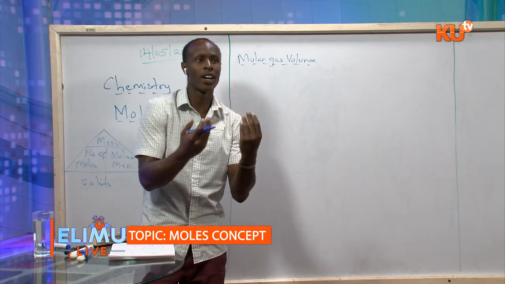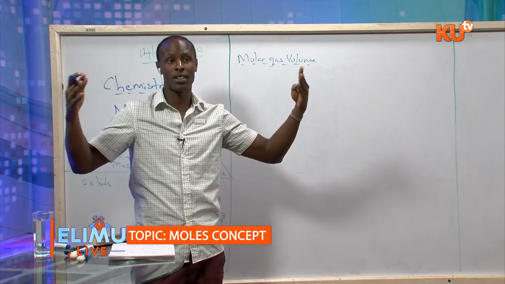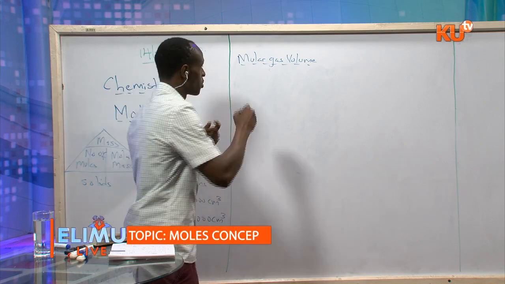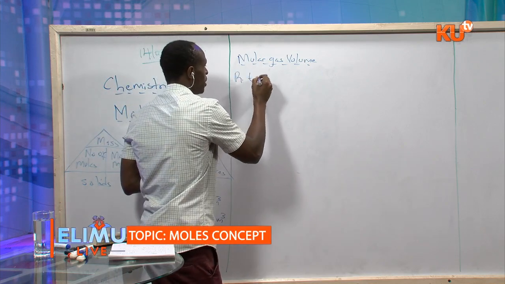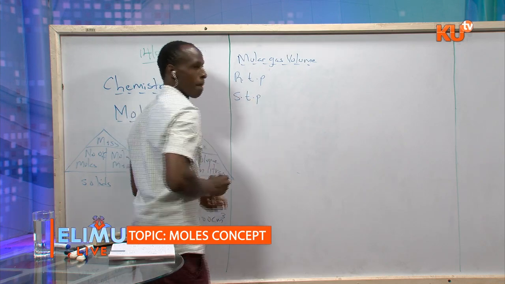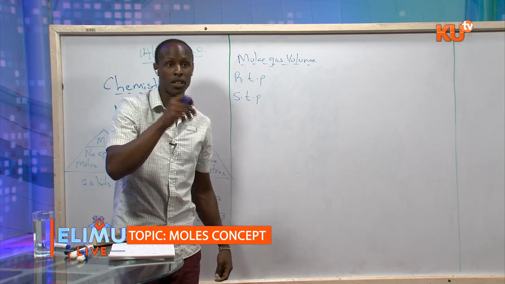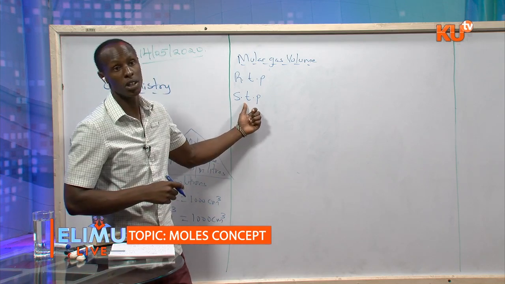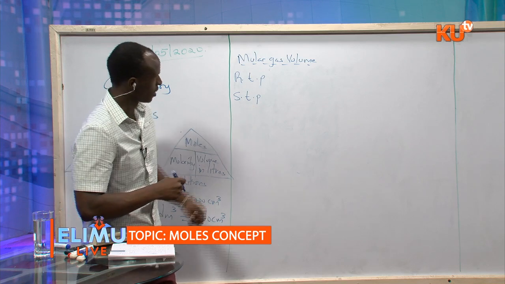Because the molecules of gases are far apart, they don't have a definite volume. That's why sometimes we refer to their volume when it is at RTP, room temperature and pressure, or when it is at STP. Our room temperature is 25 degrees. STP is when the temperature is at 0 degrees Celsius.